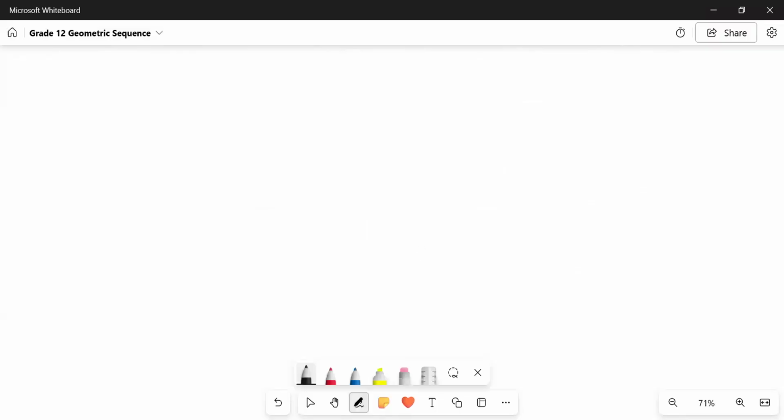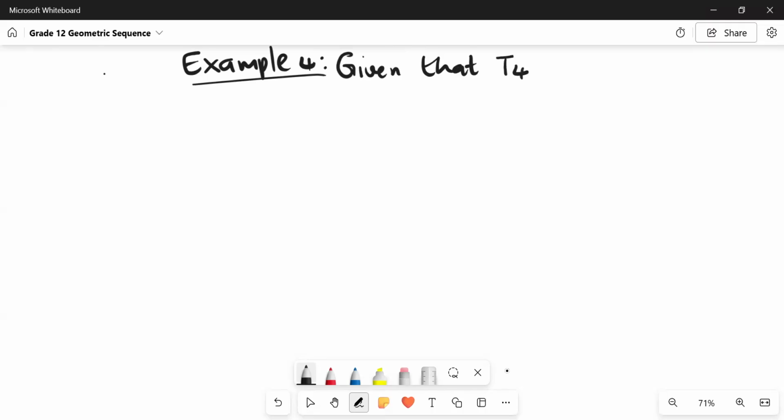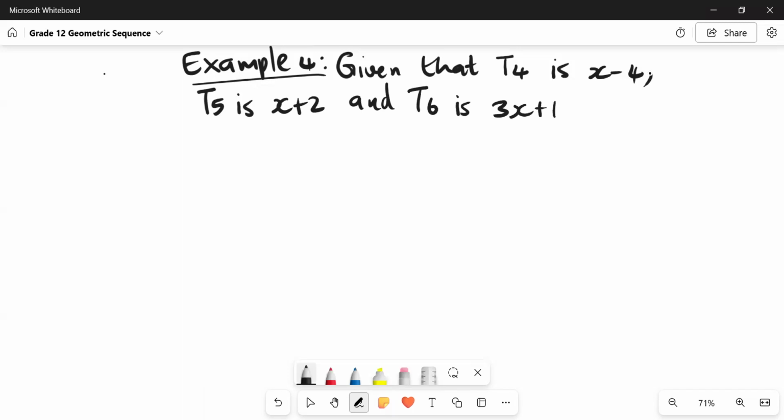So for example 4, we are given that T4 is x minus 4, T5 is x plus 2, and T6 is 3x plus 1.